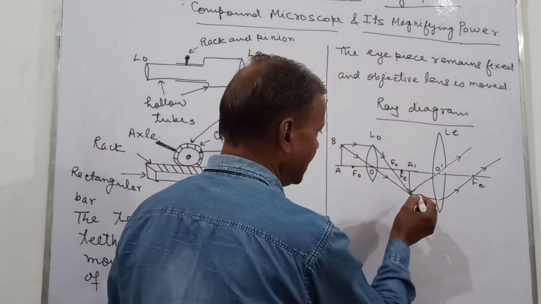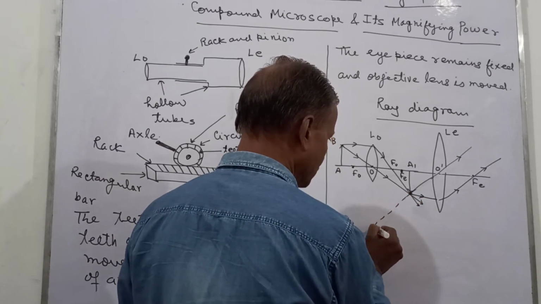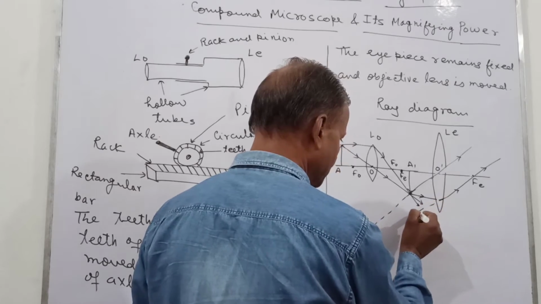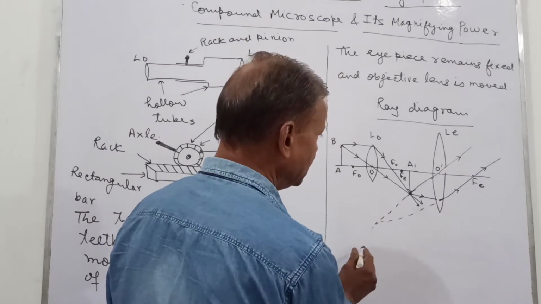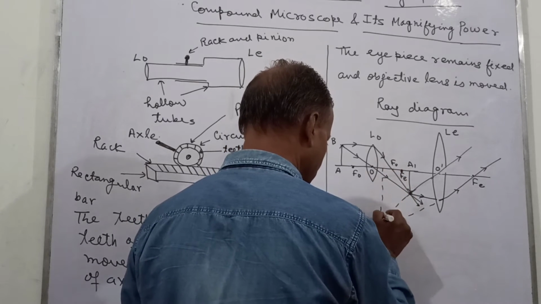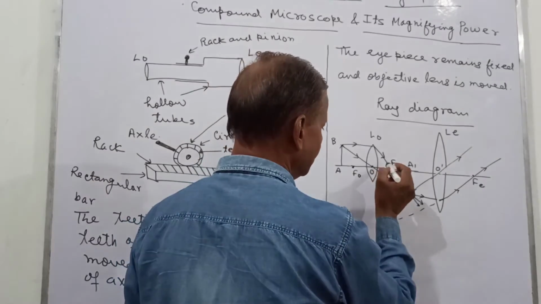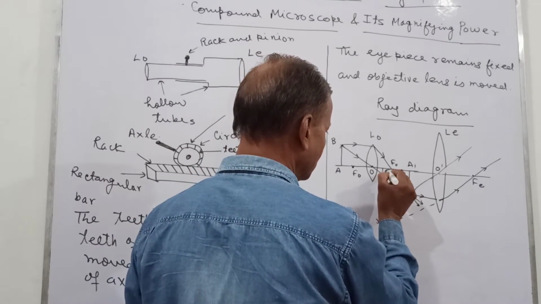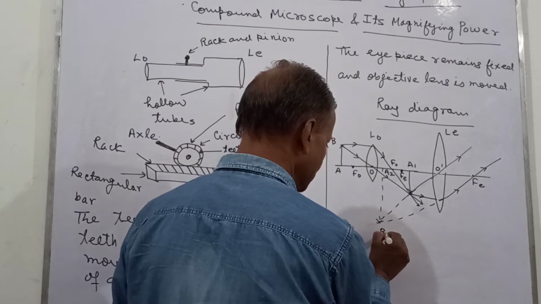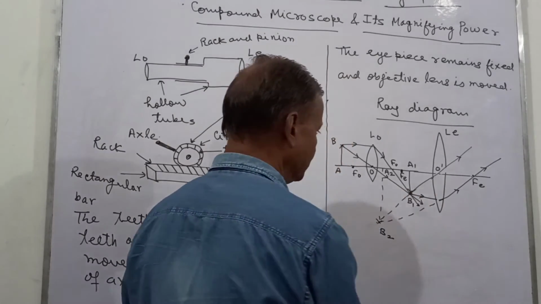In this way, if we extend these two on the back side, then its image is formed at this point. This is the final image. This is now your A2 and this is now B2, and this is now your B1.